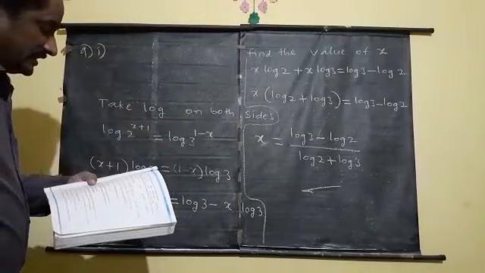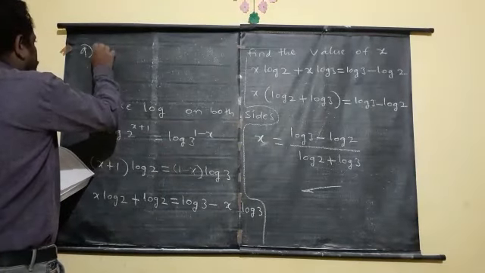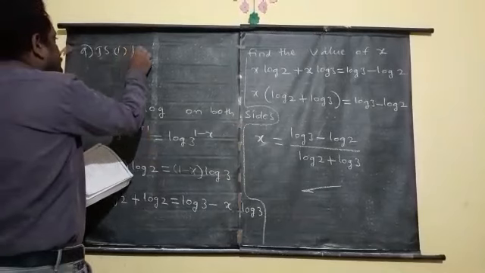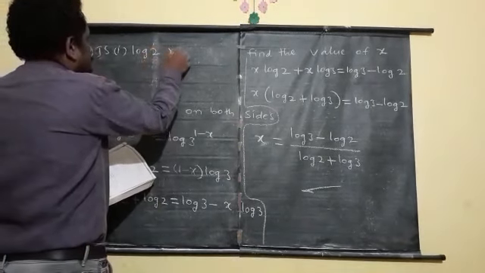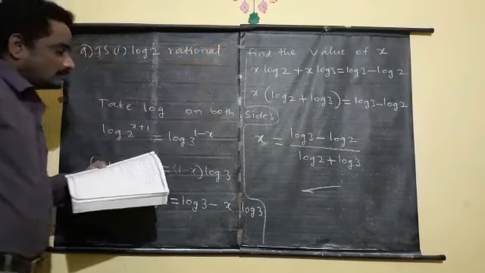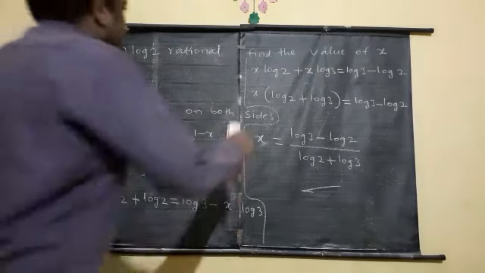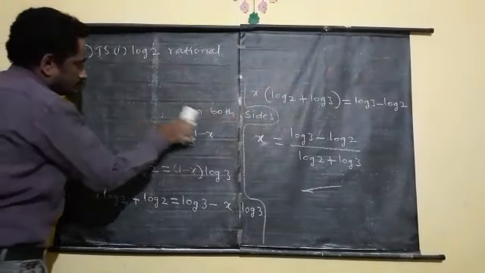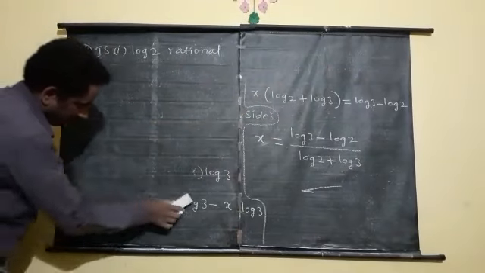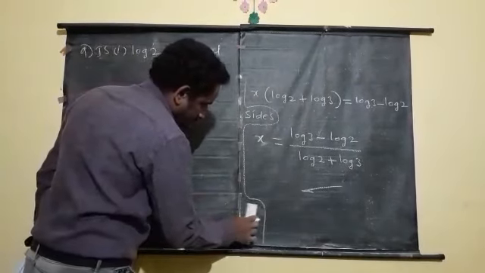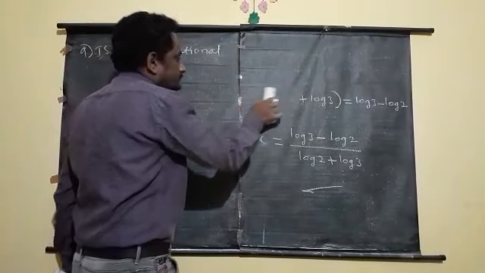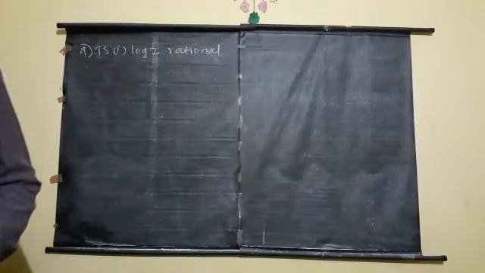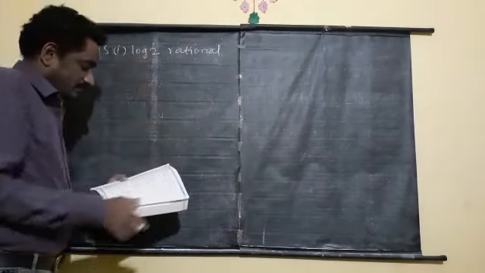Roman number 1, the first one: is log 2 rational or irrational?